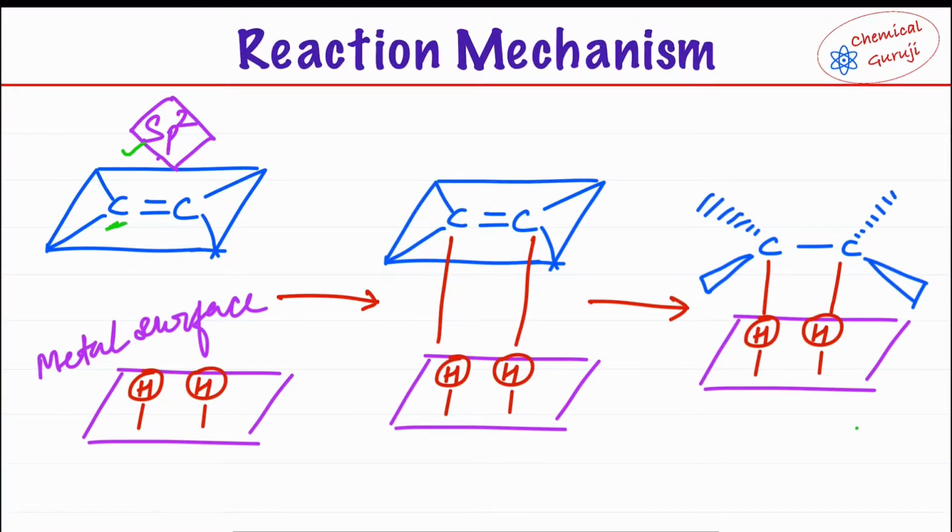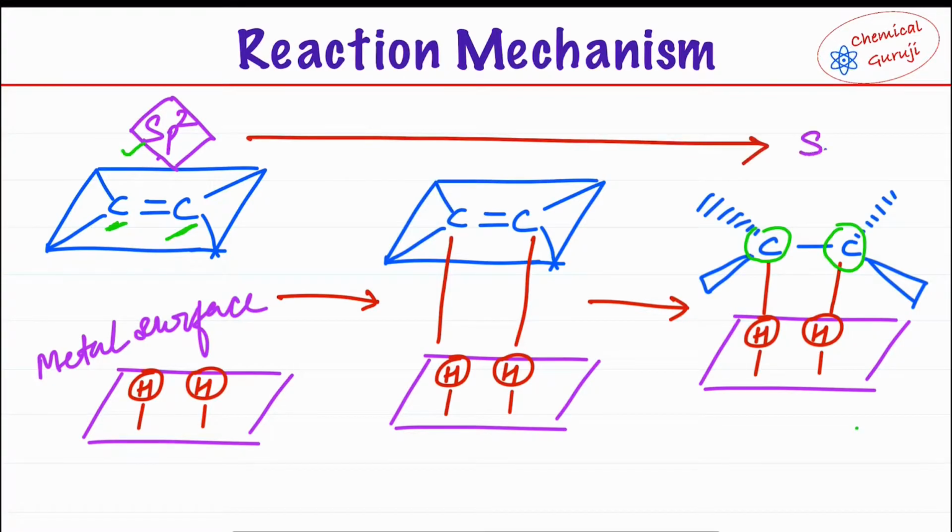These are the sp2 hybridized carbons and this is sp3. So after attachment of the hydrogen, the hybridization is getting changed from sp2 to sp3. This is also a very important point to remember: is the hybridization getting changed in this reaction? Yes, the hybridization is getting changed from sp2 to sp3.